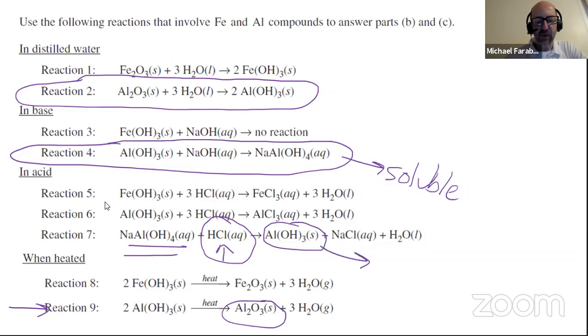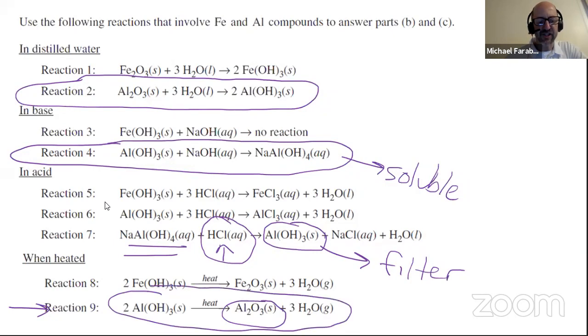Then we can go ahead and filter this, and then we can heat it according to reaction 9. So that's our plan. Let's react it with some hydrochloric acid to produce insoluble aluminum hydroxide. Let's go ahead and filter the aluminum hydroxide from the rest of the solution, and then we can heat that solid aluminum hydroxide to turn it into aluminum oxide.